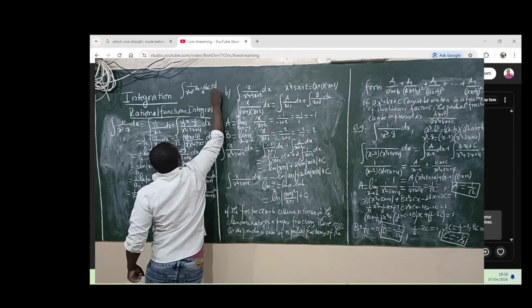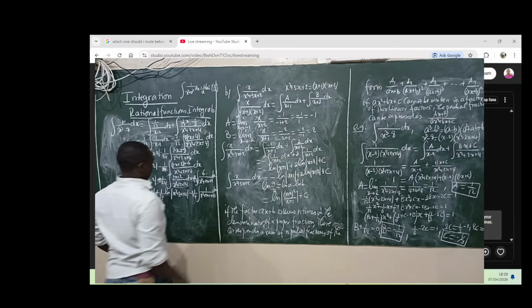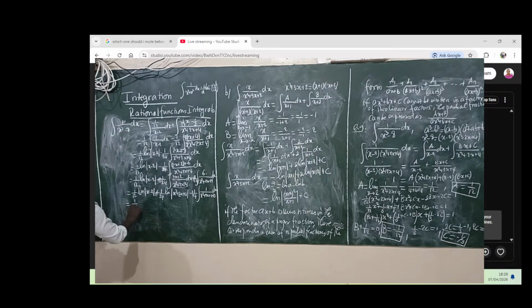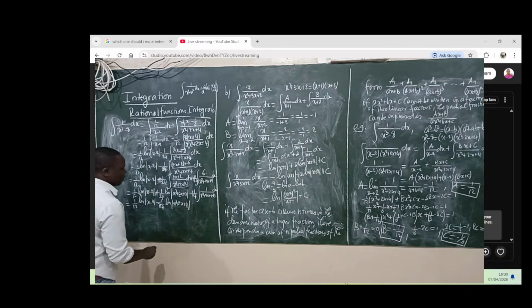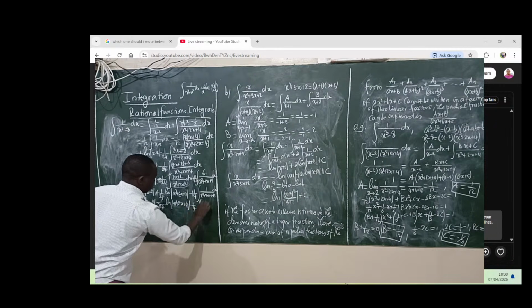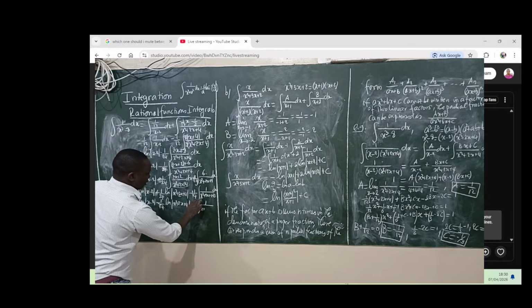Here the square of x squared plus 2x plus 1 is the square of x plus 1, plus 3.